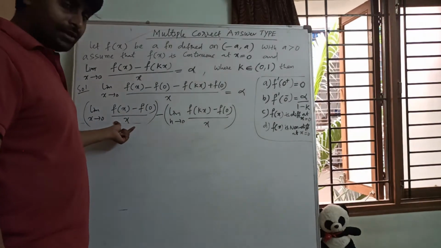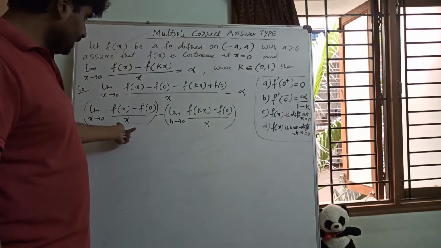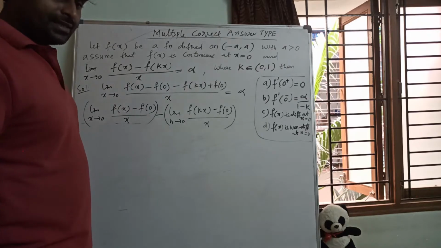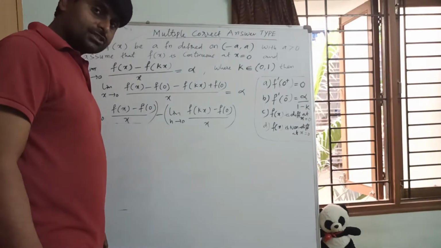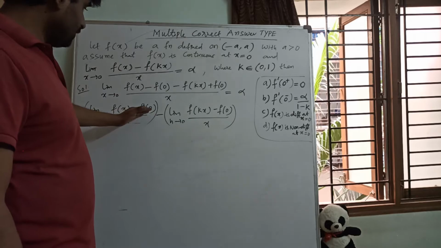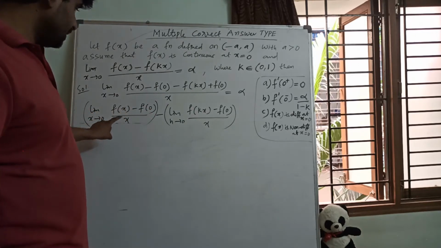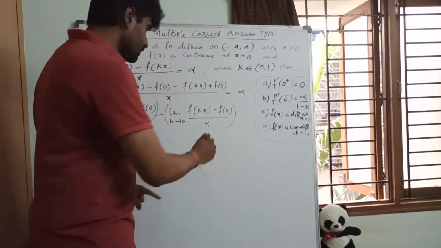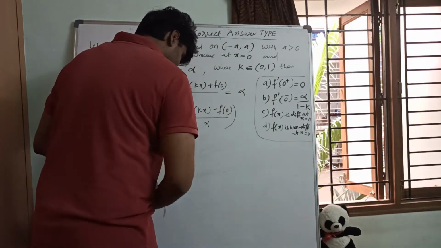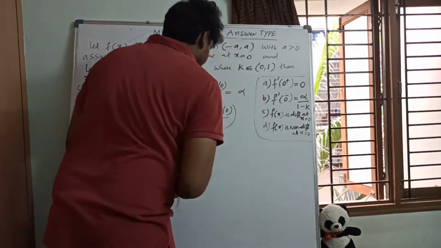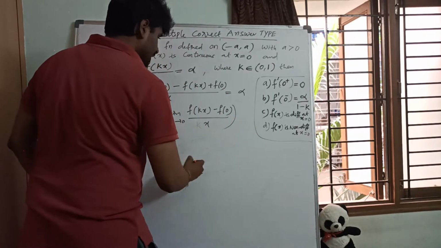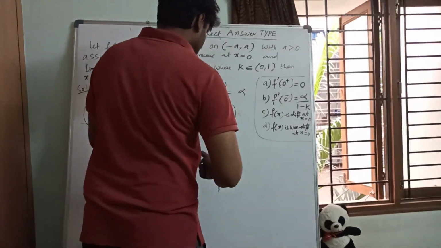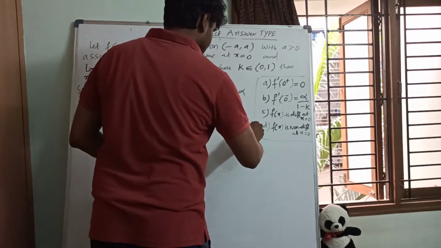Is it not in the form of the LHD, the differentiability condition? That is limit as h tends to 0 of f of c plus h minus f of c by h. So same formula. Here also it is kx, so it must be k. Let me multiply and divide by k there, so here k I am writing, and here also k I am writing, equals alpha.